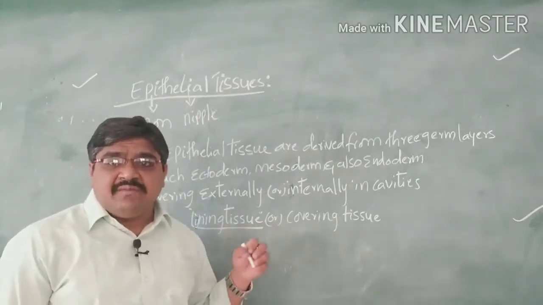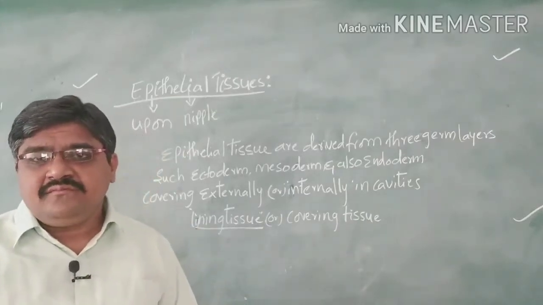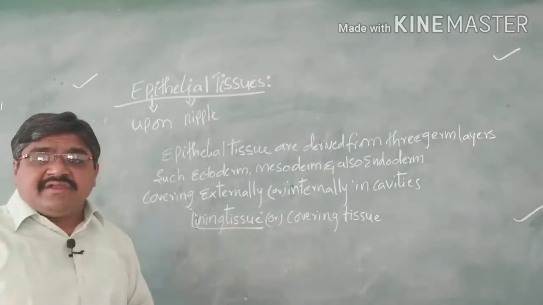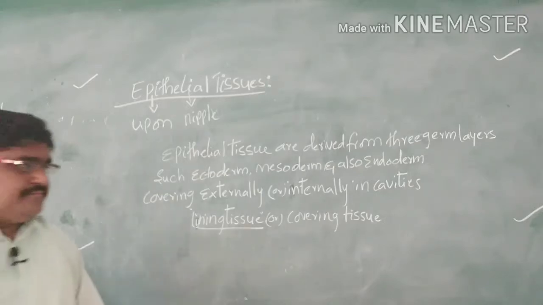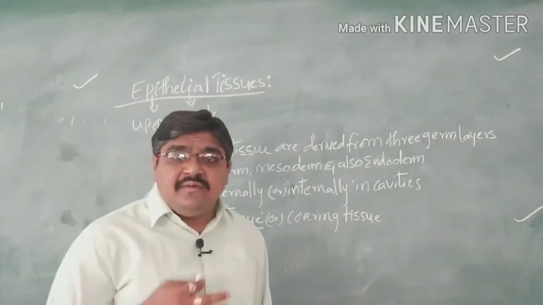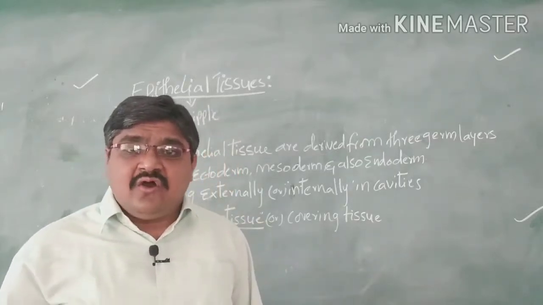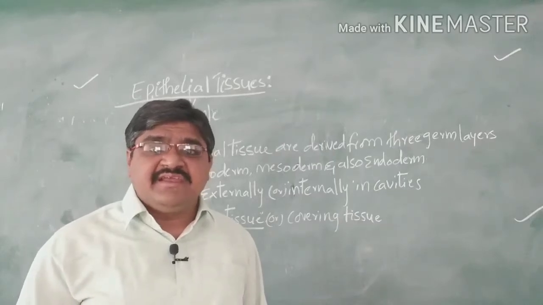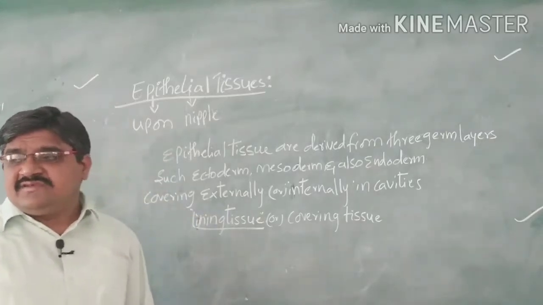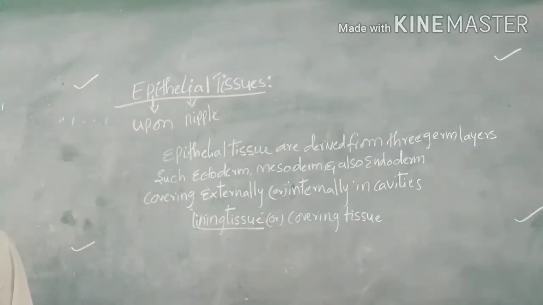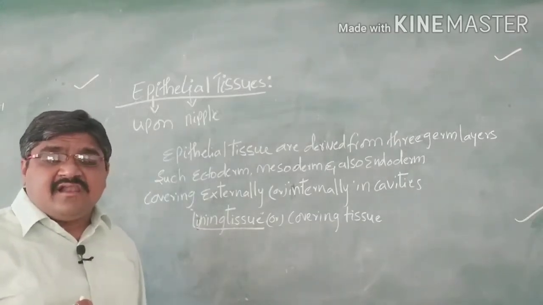All the materials enter the body by passing through these tissues only. The cells are similar in structure, and intercellular spaces are absent.